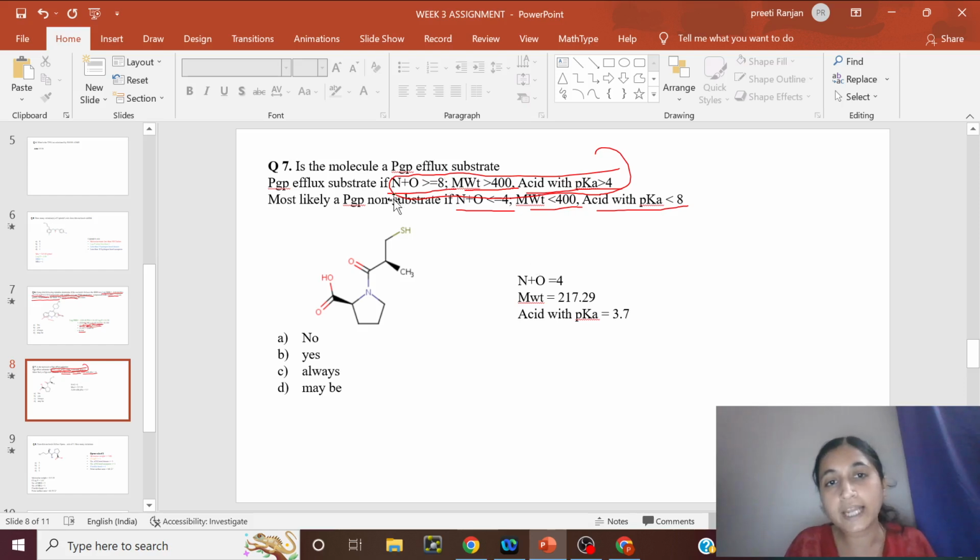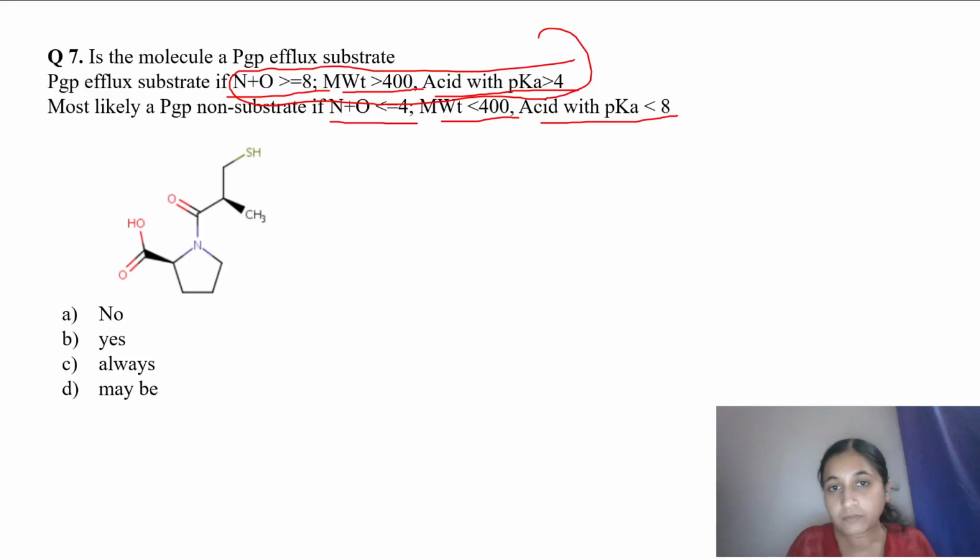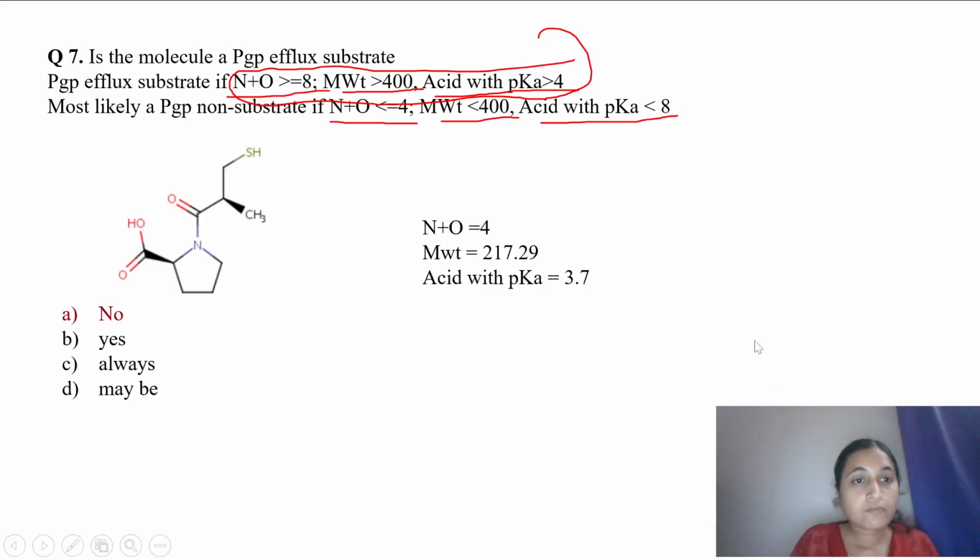So most likely a P-gp non-substrate, because N plus O is equal to 4, the molecular weight is less than 400, and the acid pKa is smaller than 8, as it is 3.7. So the answer will be A. No, it is not a P glycoprotein efflux substrate.